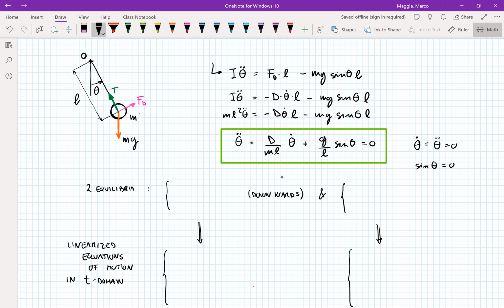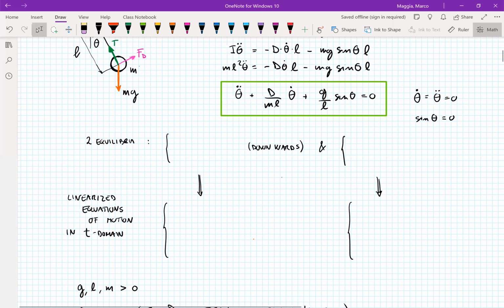So the two equilibrium points are reached at theta equals 0 radians, and of course at a velocity of 0 radians per second. This first one is the downwards position, and the other equilibrium point is the upward position, that is the angular position is equal to pi, or 180 degrees. And of course, the angular velocity is once again equal to 0.